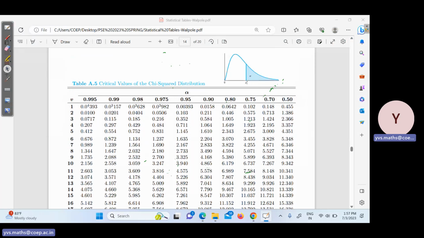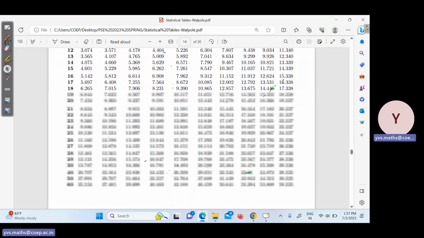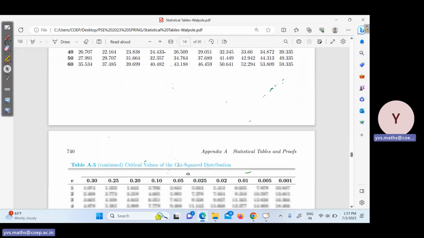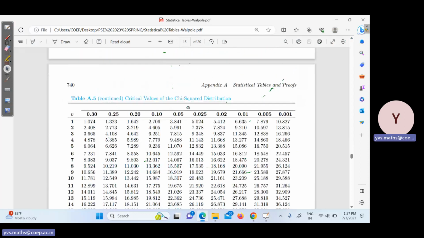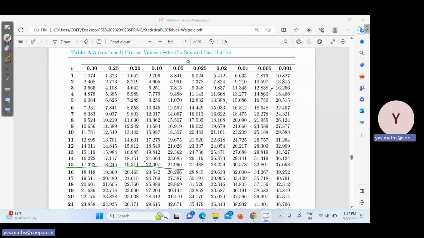So in this case, we will go down and find the row for 15 degrees of freedom. Let me highlight this row. Nu denotes 15 degrees of freedom in the table, and for alpha equal to 0.025.